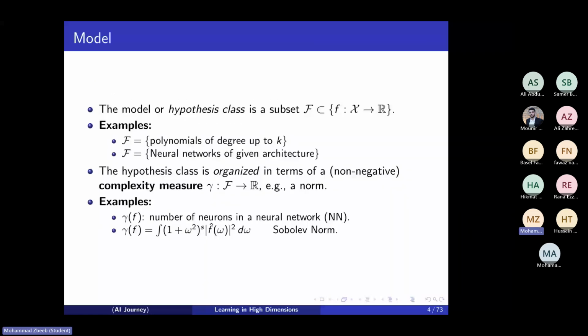The model, or the hypothesis, is a function within which we try to estimate the F star function. It may vary from a linear regression to a neural network, like we discussed yesterday, and in between you can choose polynomial functions.